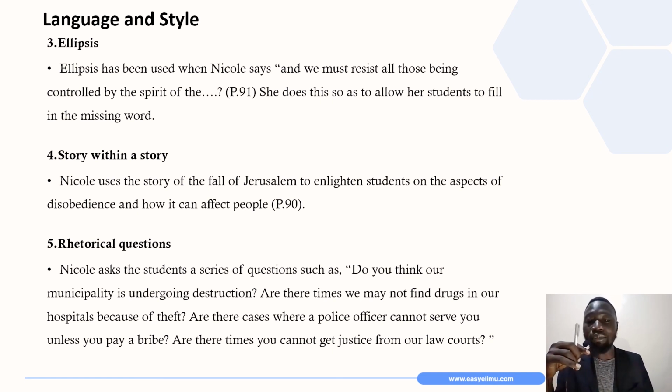And are there times you cannot get justice from our law courts? Those are rhetorical questions. Remember, the students do not necessarily need to respond. So Nicole is just using the questions to pass a message about the bad governance or poor leadership within the municipality of Maracas.